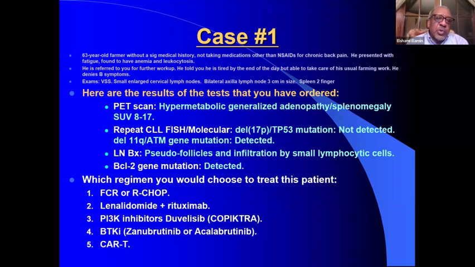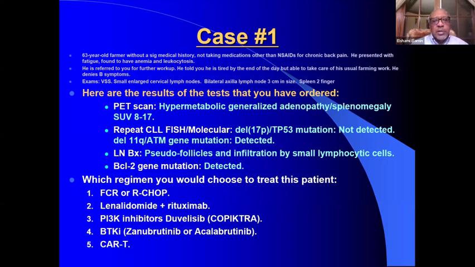CAR-T is the right answer, but it is for patients who failed both. Before you go to CAR-T, lenalidomide and rituximab, or a PI3K inhibitor, you usually have to exhaust the first line options, which are BCL2 and BTKI. They're okay, but they come later, after the failure of BTKI.